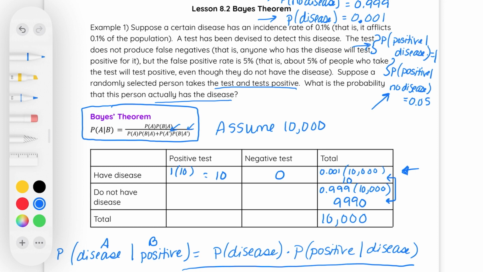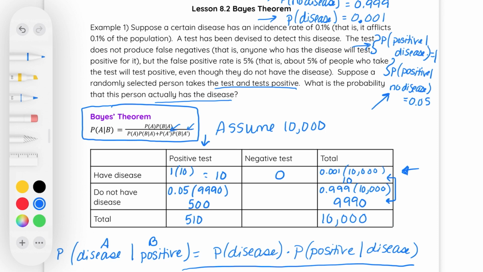I also know that those who test positive, given that they do not have the disease, is 5%. So in this category, I'm going to take 0.05 times 9,990. And I'm going to get a decimal, but I'm just going to round it to 500. That means that my positive test category is 510.